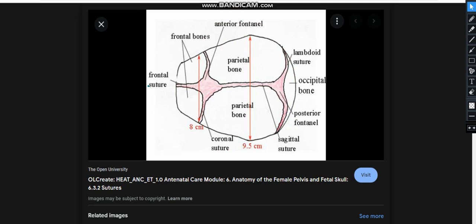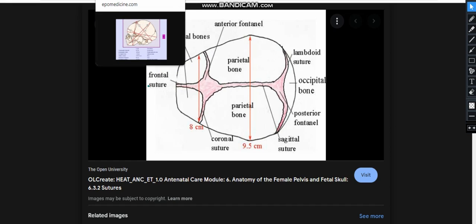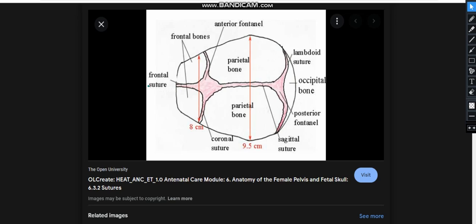The second thing that we need to know is the transverse diameters. Basically there are three transverse diameters. One is the bitemporal diameter, that is 8 centimeters, and the second one is the biparietal diameter, that is 9.5 centimeters, and one more is the biomastoid diameter, that is the smallest diameter known in the fetal skull.